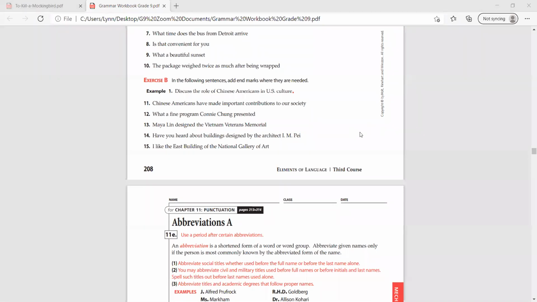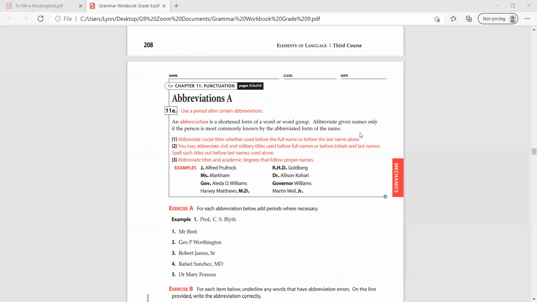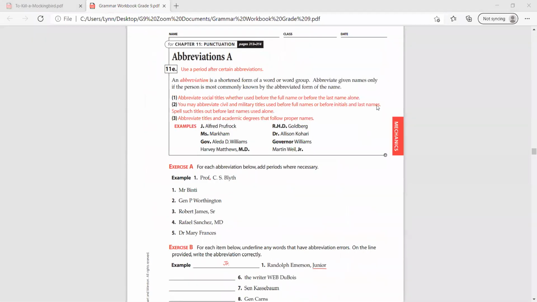Good job. Okay. All right, on the next page, 209, abbreviations. Remember, an abbreviation is a shortened form of a word or word group. Abbreviate given names only if the person is most commonly known by the abbreviated form of the name. Abbreviate social titles, whether used before the full name or before the last name alone.